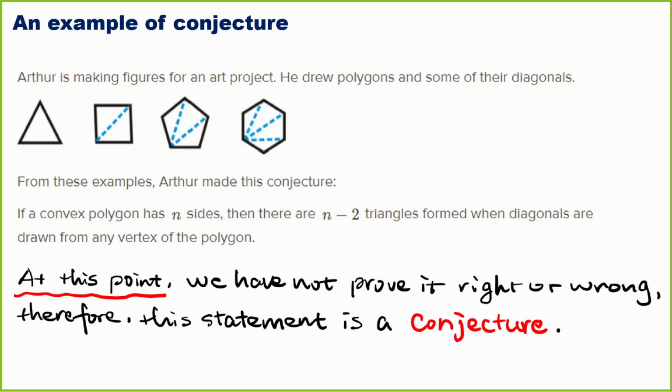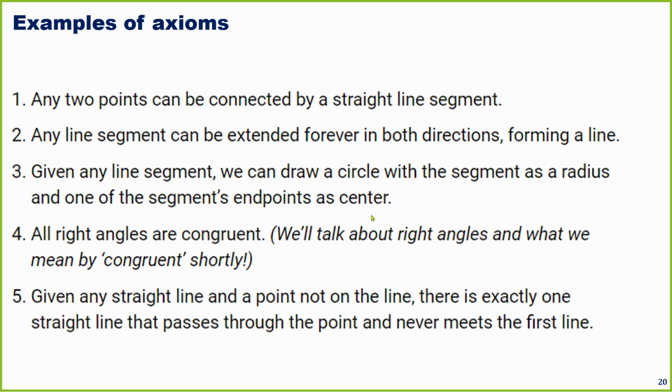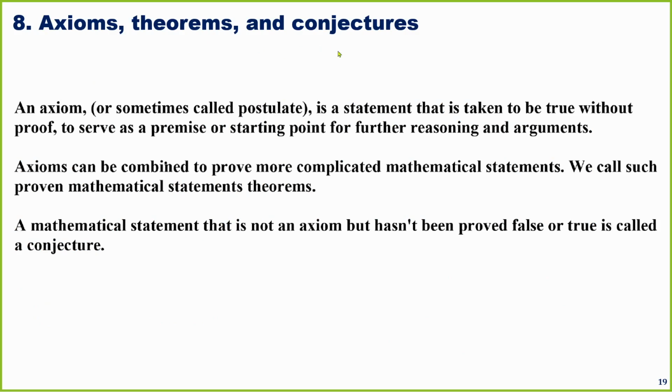So is this statement true or false? At this point, we have not proved it right or wrong, right? And therefore this statement is called a conjecture. So here, this example is only to illustrate the difference between axioms, theorems, and conjectures. Make sure you use the correct terms when you describe a statement, okay?